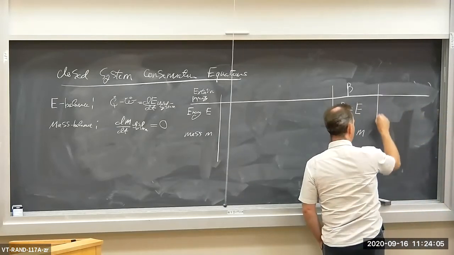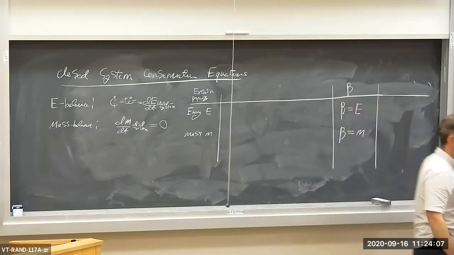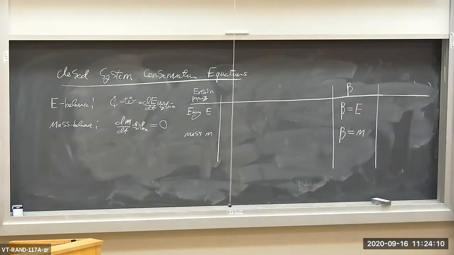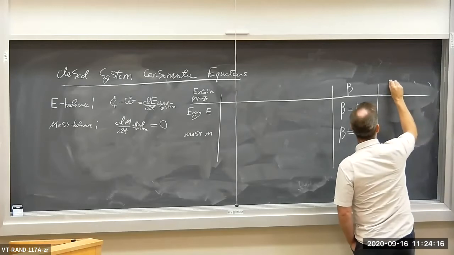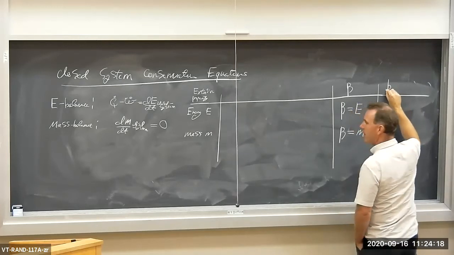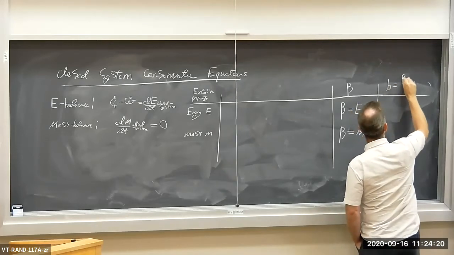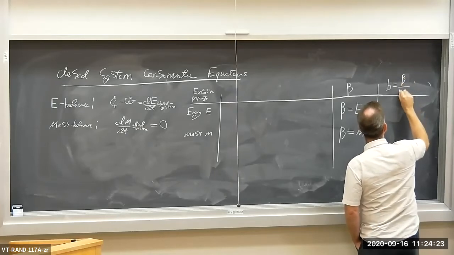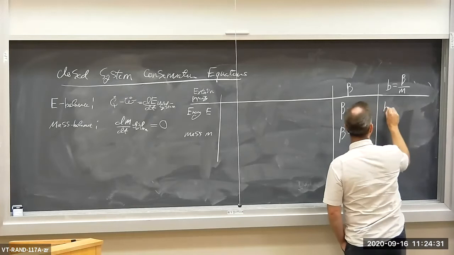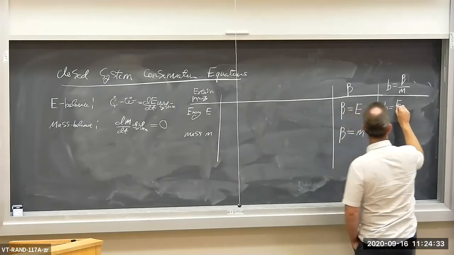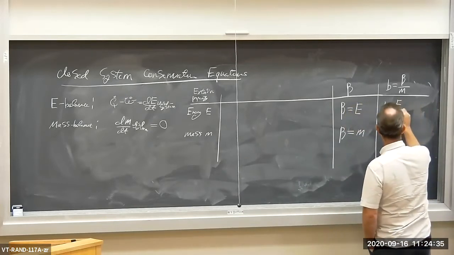On the next column, I'm going to write beta per unit mass. Little b, lowercase b, which is beta, my extensive property, per unit mass. So beta divided by mass. So b is going to be energy in the first row divided by mass.